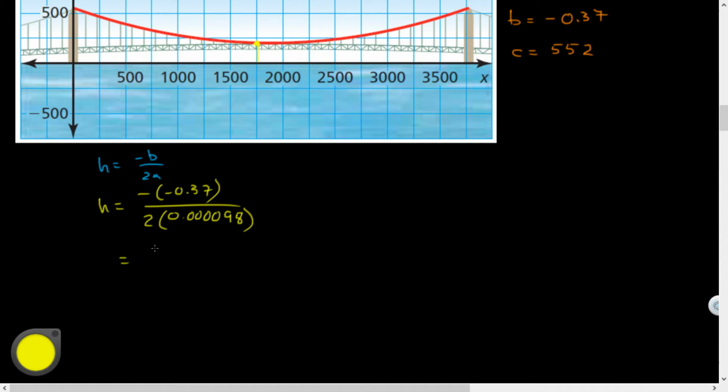So that's going to be positive 0.37 divided by 2 times. I think that's going to end up being 0.000196. So only 3 zeros after the decimal.